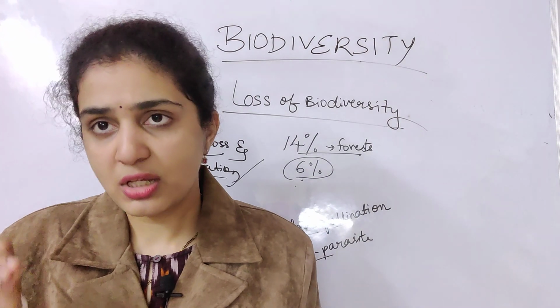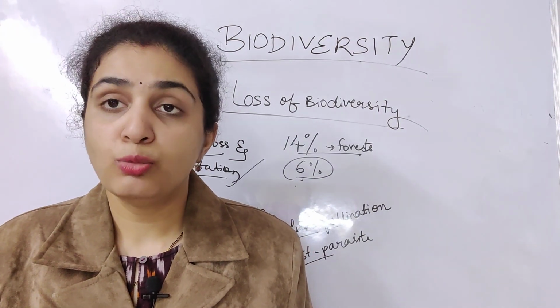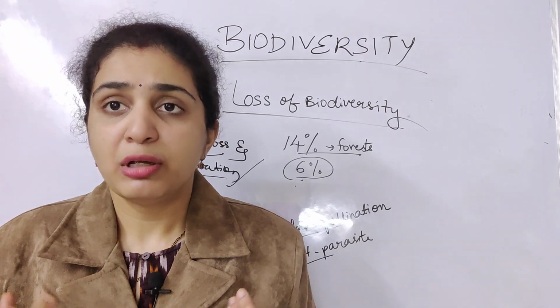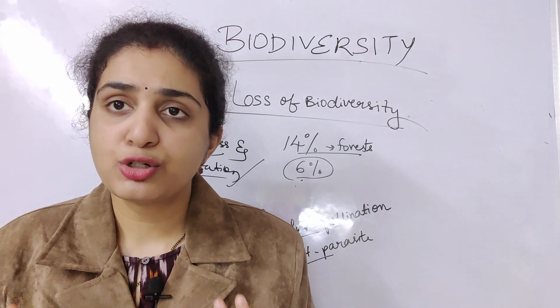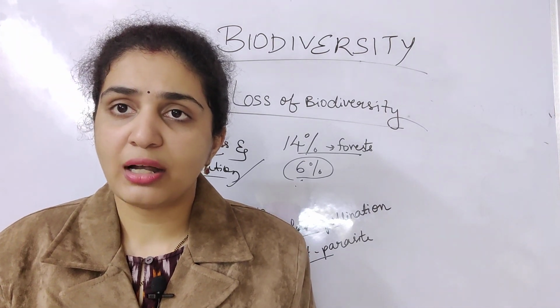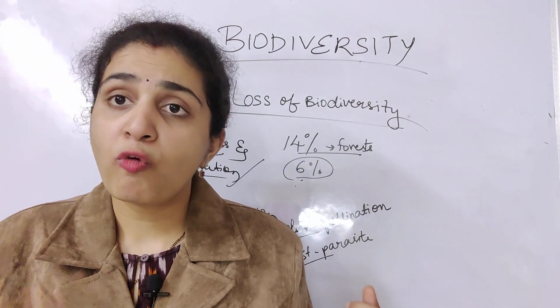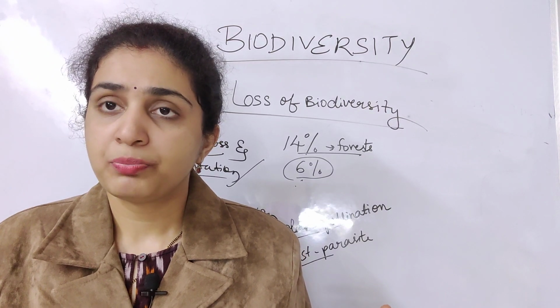Normally exploitation is good, but we humans, due to greed and all, because we also should survive, right? Because so many people are there and we should get so much food and shelter. So due to this, we are all over exploiting nature.